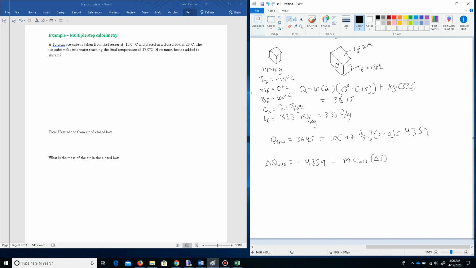Well, we don't know the mass. We do know a change in temperature. So negative 4359 equals the mass. Specific heat of air is 1.01 joules per gram Celsius. And we have our energy in joules here, so that's fine. This means our mass is going to be in grams. And so change in temperature goes from 17 minus 20. So it goes from 20 to 17. So you get negative 3 on this side.